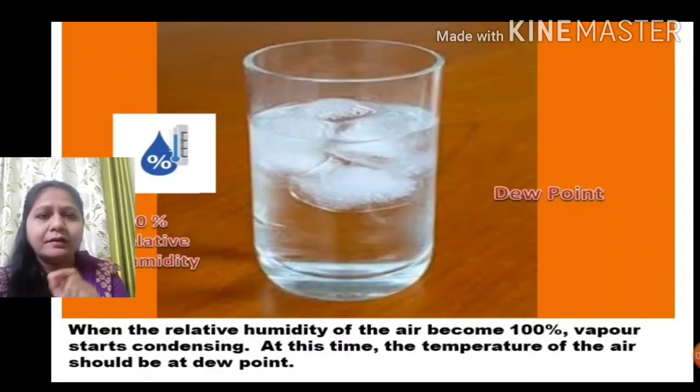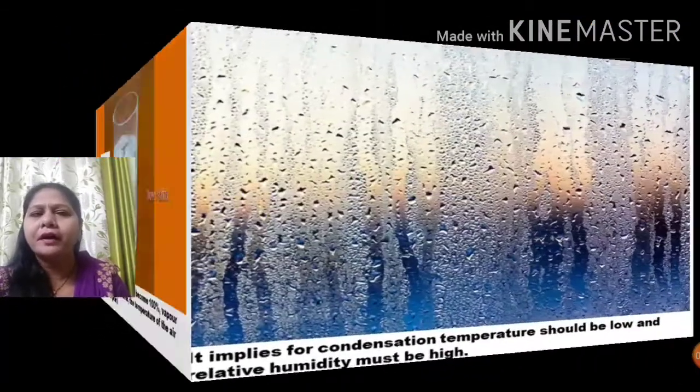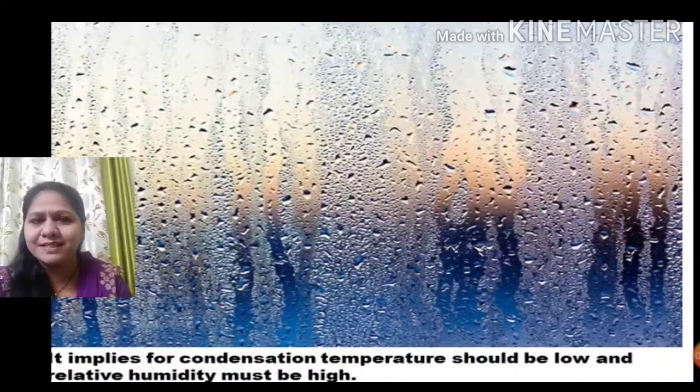Again I repeat, this state is called dew point. What is dew point? When RH is 100%, the temperature of the air is called dew point. Got it? Now it implies for condensation, temperature should be low and relative humidity must be high.